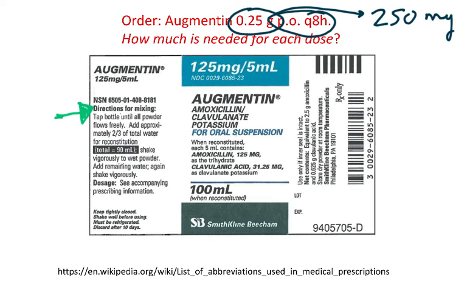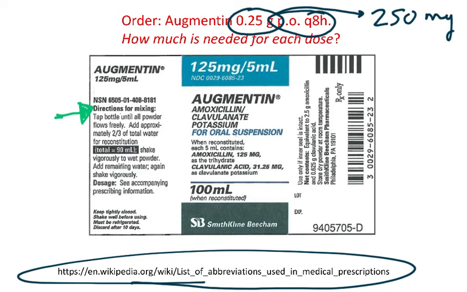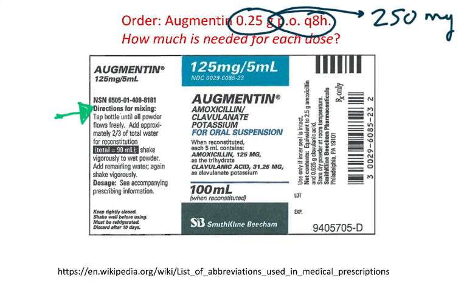It's Latin for every 8 hours. So 3 times a day, every 8 hours. That's just the abbreviations. And I've included a link down here to, yes, Wikipedia. It's a very useful site sometimes.